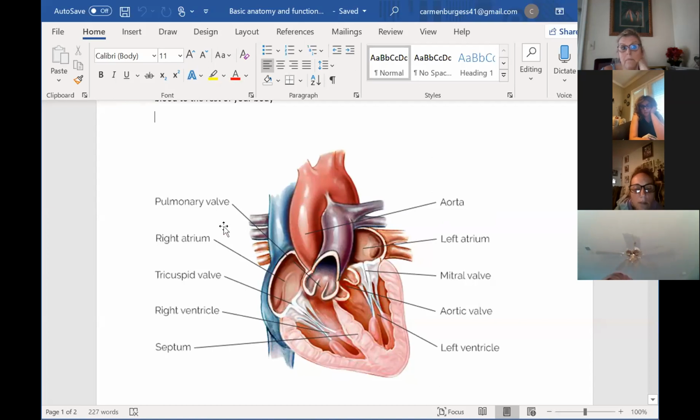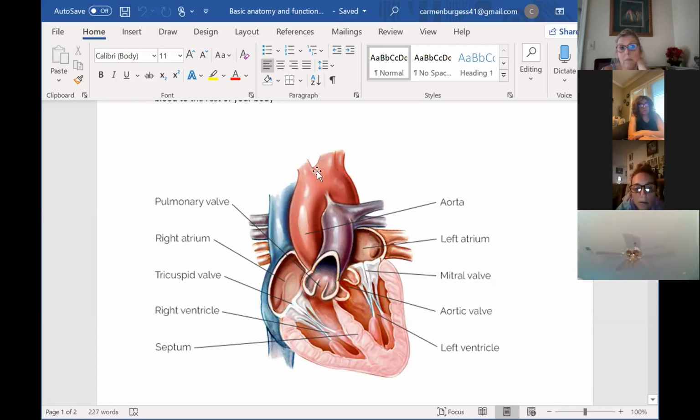It comes back into the left atrium, then through the mitral valve to the left ventricle, the big dog down here. Then through the aortic valve up to the aorta.